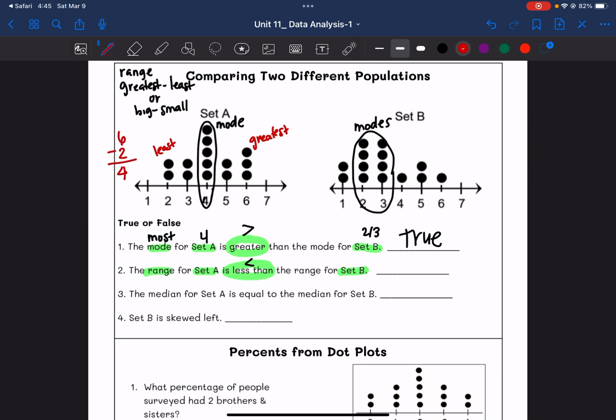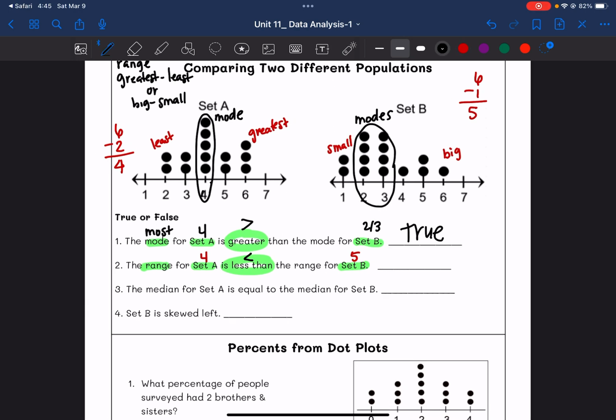Okay, so 4 for set A. Now if we look at set B, this is the big one and this is the small one. Okay, so that would be 6 minus 1, which is 5. Now, is 4 less than 5? Yes, that is true. Okay. All right, let's take a look at number 3.